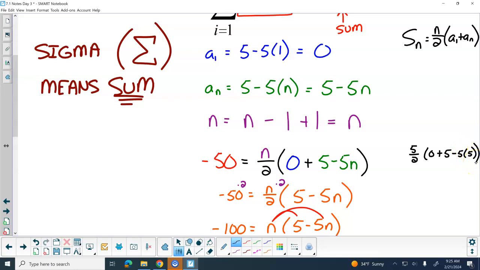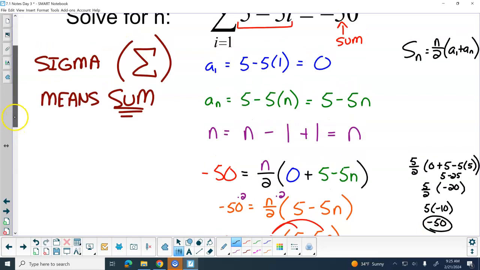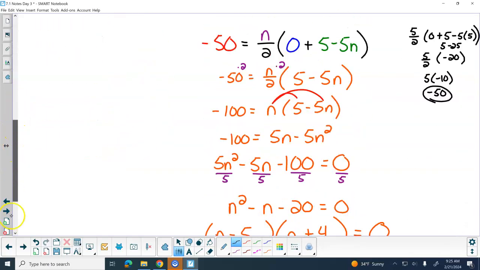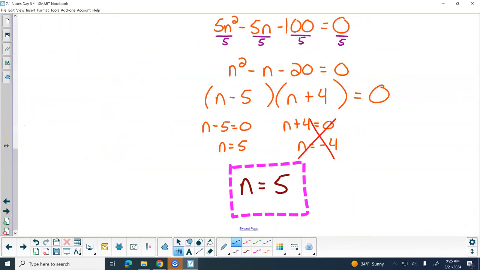So this is going to be 5 minus 25, which is negative 20, right? So negative 20 times 5 halves is 5 times negative 10, which is negative 50, which is what our sum was. So it checks out. n is 5.